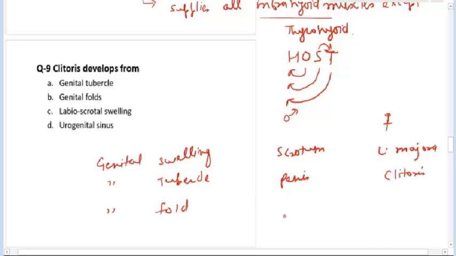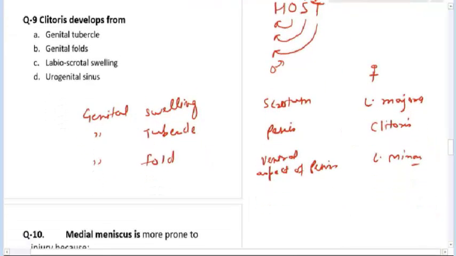The genital fold will form the ventral aspect of the penis, and in females it is going to form the labia minora. And we have the genital ridge, which will form the testis in male and ovary in female. Now the question is asking about the clitoris, so it develops from genital tubercle, so option A is correct.